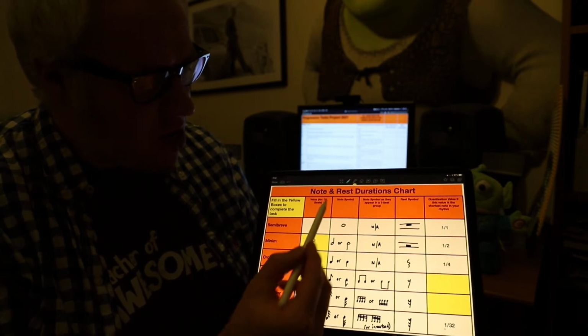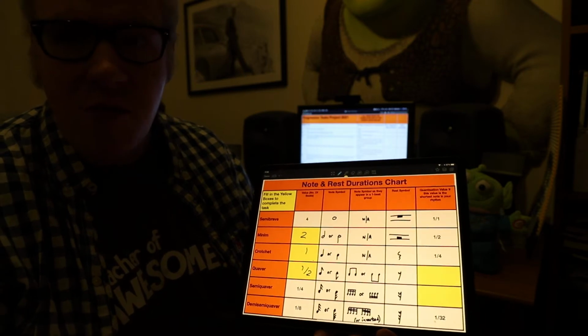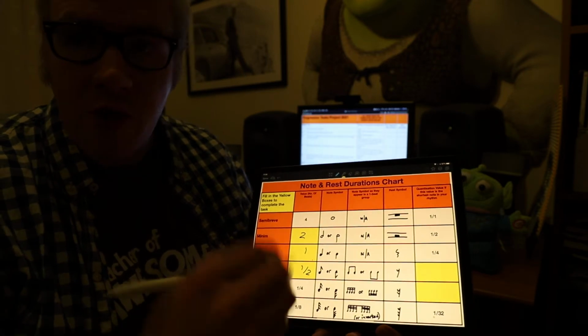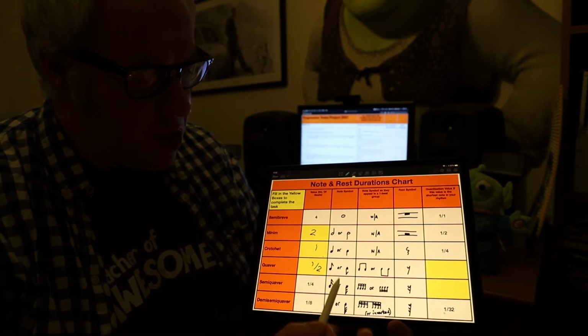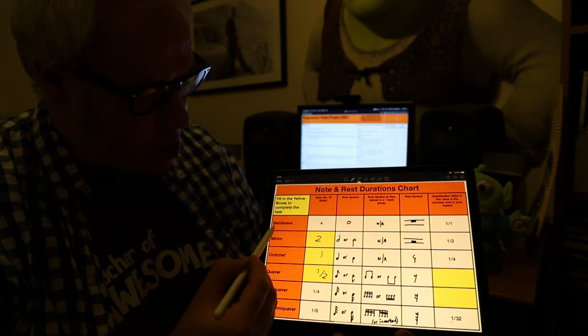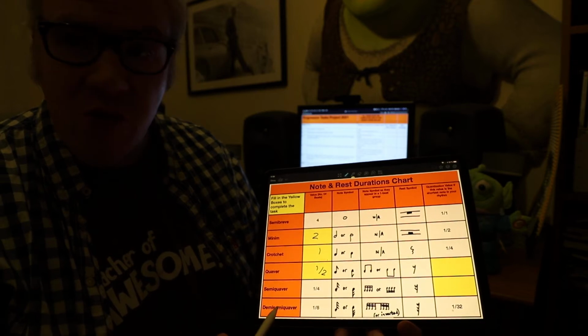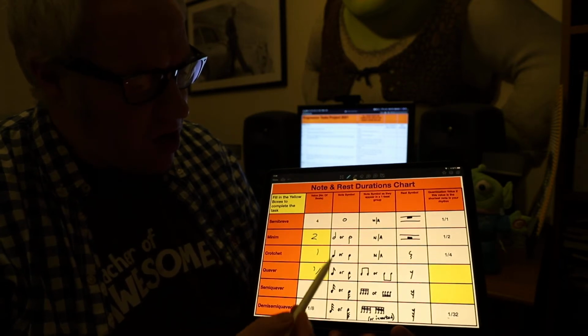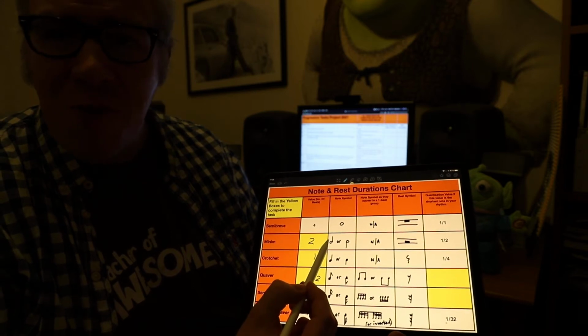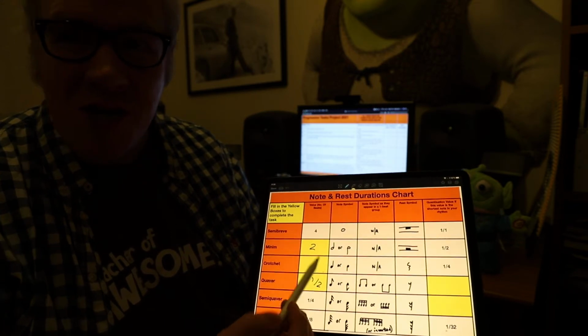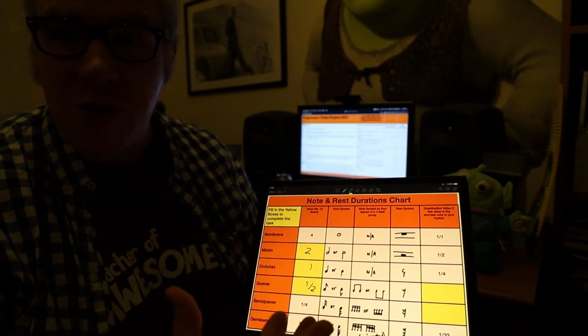Then if you look at the next column, it says note symbol. When you write music, or when you're reading music, these are the symbols that correspond to each of these names of durations. I've drawn them the right way up and upside down because you're likely to see both in music.